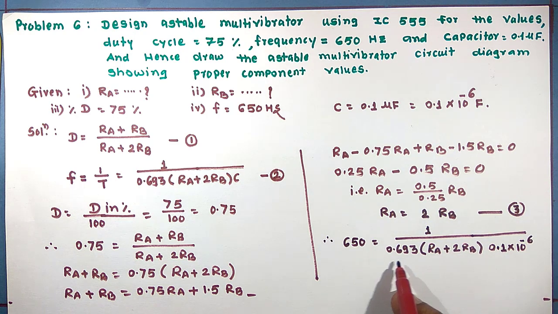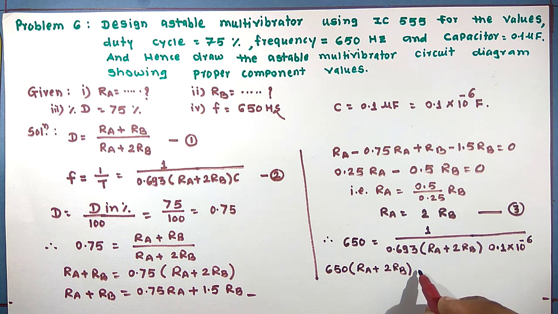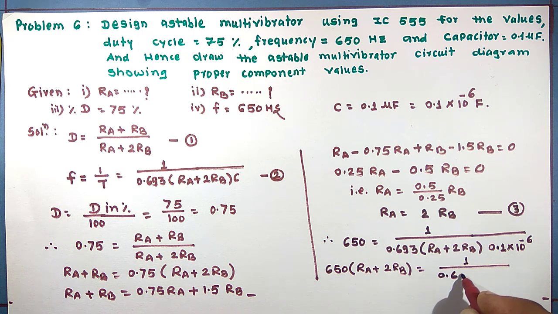Simplifying this equation, we get 650 into RA plus 2RB is equal to 1 divided by 0.693 into 0.1 into 10 raised to minus 6.